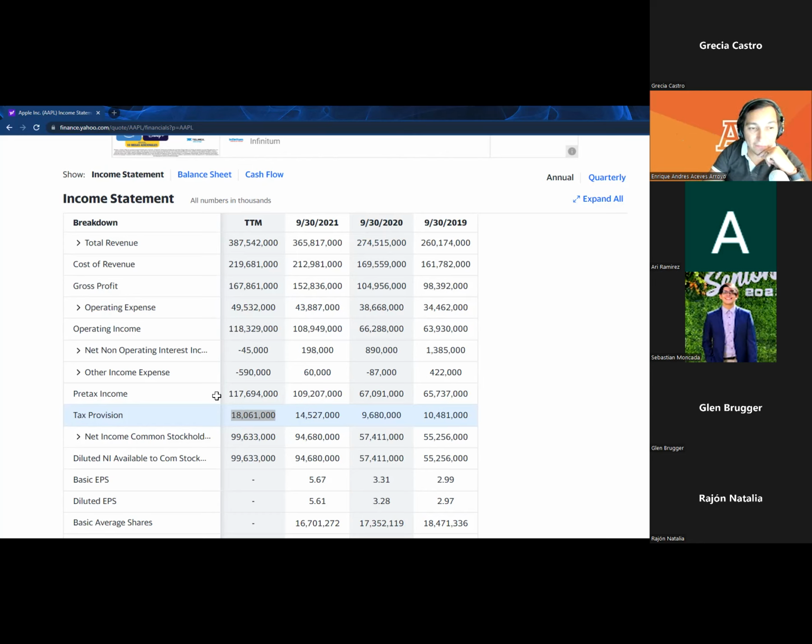This is the effective cost of debt. And we just have the effective cost of debt from Apple. They are just paying 1.88%. Amazing, right?